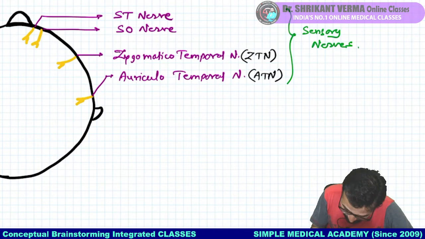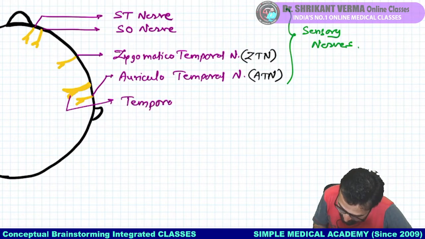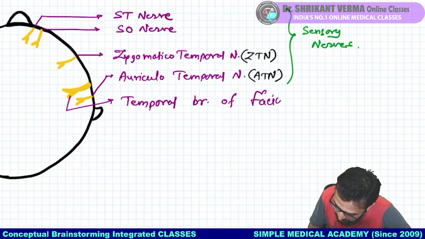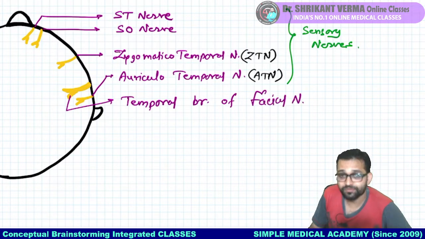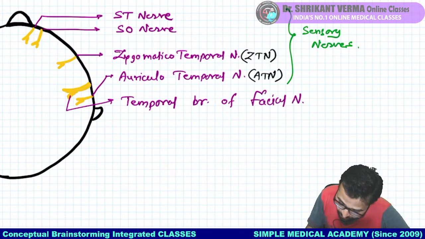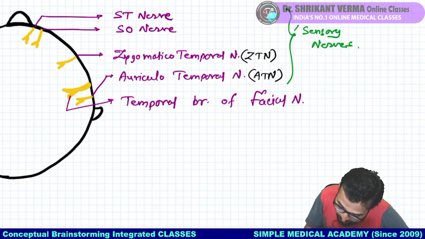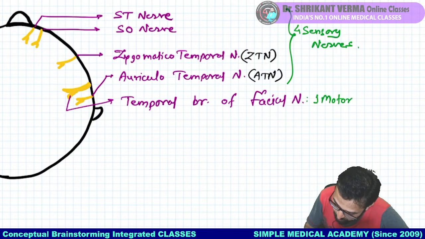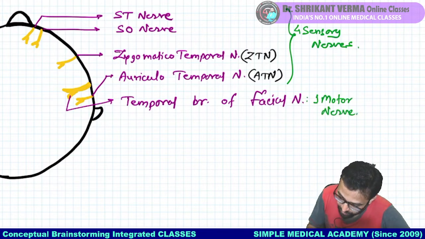So what you will say? There is one another nerve. This is the temporal branch of what? Facial nerve. Here are 4 sensory nerves and here is 1 motor nerve.